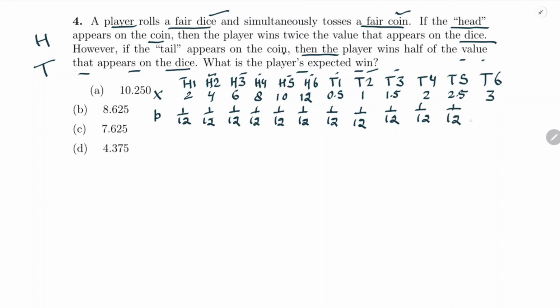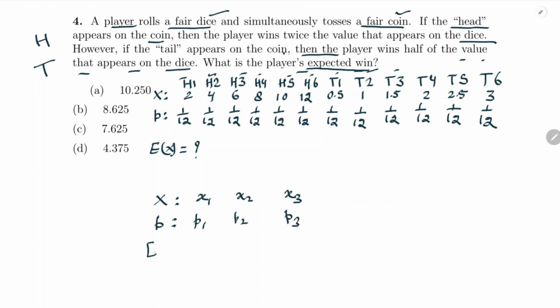Now, we have the random variable x and the corresponding probabilities. The question is asking for the player's expected win, so we need to find the expected value of x. Suppose we have a discrete probability distribution of x, where x takes three values x1, x2, x3, and the corresponding probabilities are p1, p2, p3.